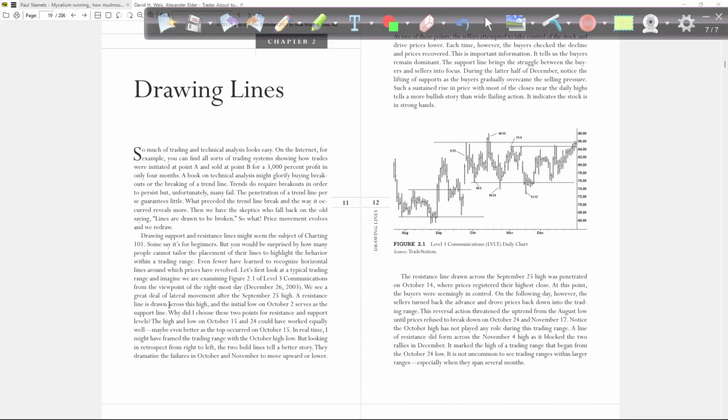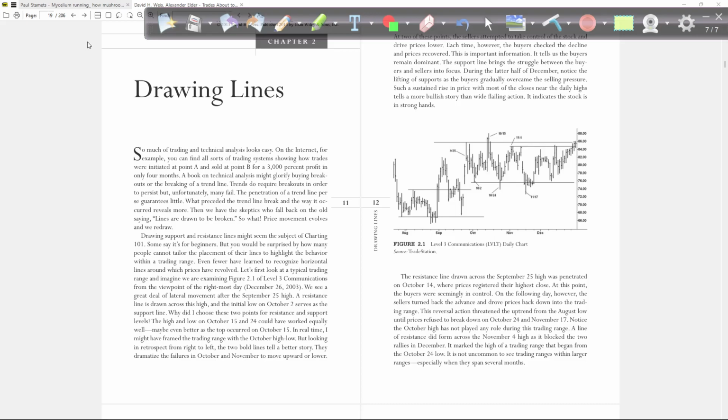We see a great deal of lateral movement after the September 5 high, September 25 high. A resistance line is drawn across this high, and the initial low on October 2 serves as the support line.